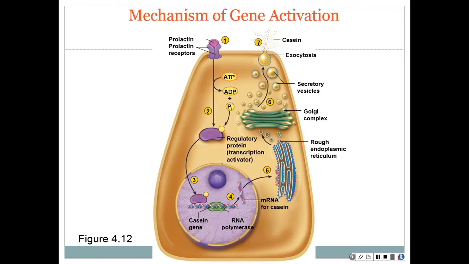Now, the Golgi apparatus, or the Golgi complex, is going to package these caseins into secretory vesicles, and these vesicles are going to release the casein outside of the cell, and it becomes part of breast milk. It releases it through the process of exocytosis.